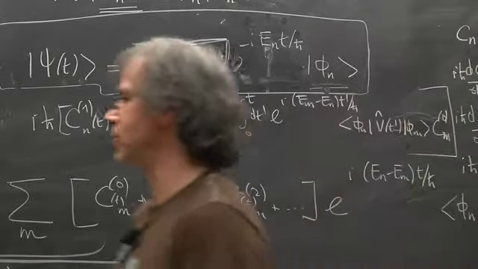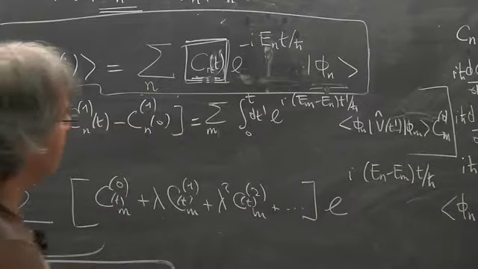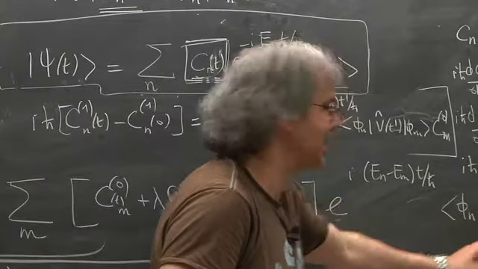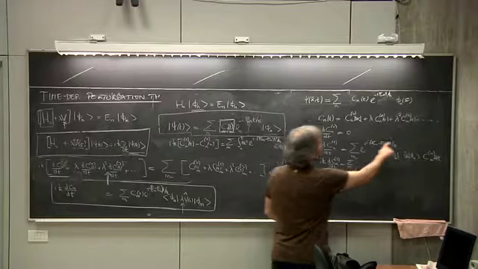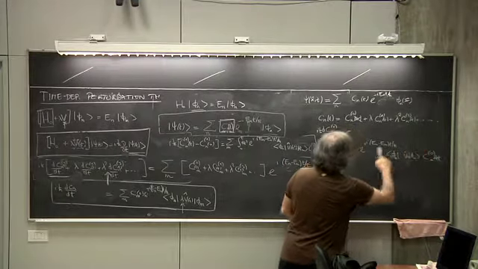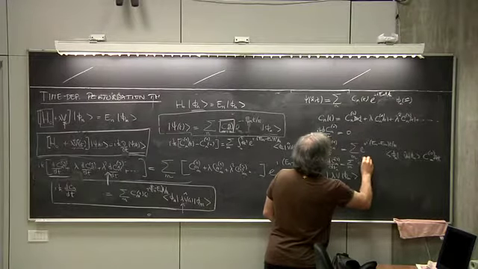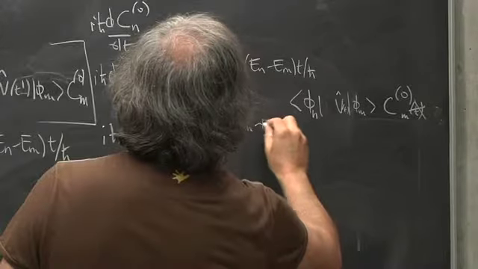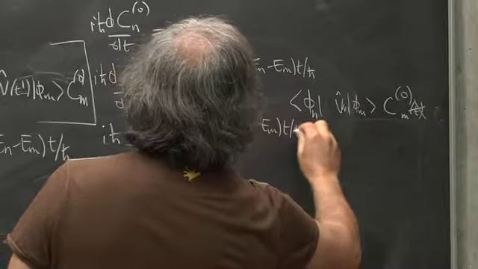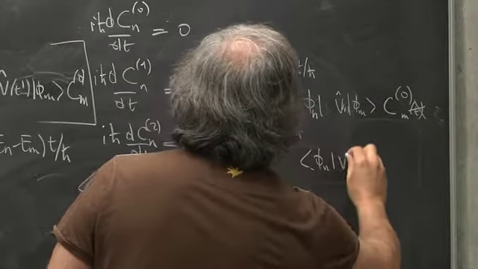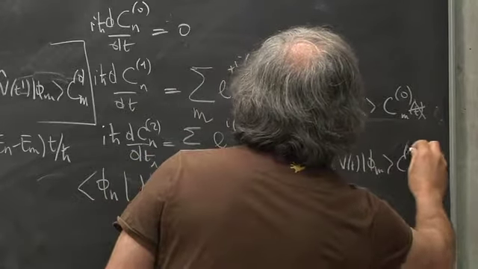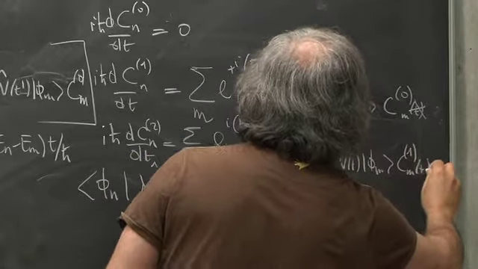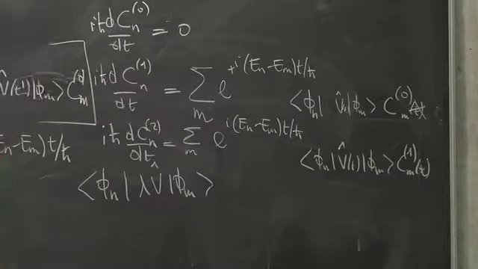What is the second order on the right? One order is eaten by this, and therefore I can just have C1. So you see, it's a very similar equation with C1 in place of C0: e to the i (E_n minus E_m) t over h bar phi n v of t phi m C1 m. Now in general depending on t, because C1 depends on t in general, C0 not.